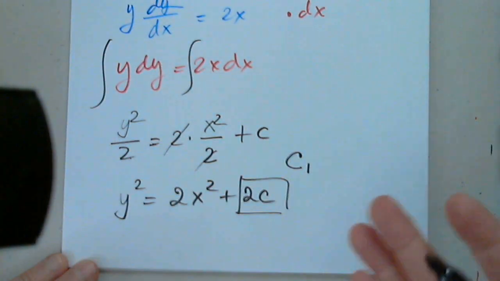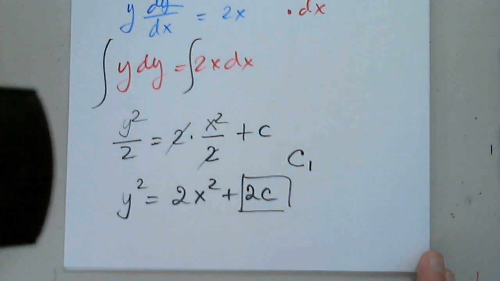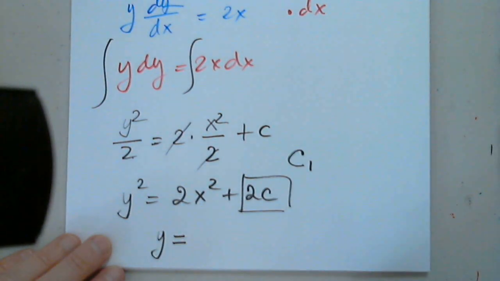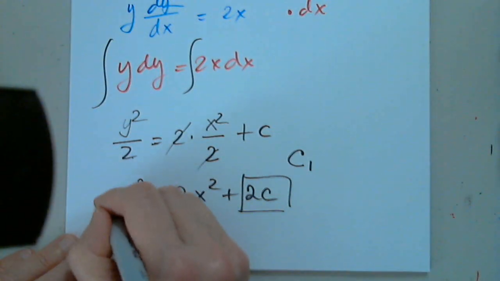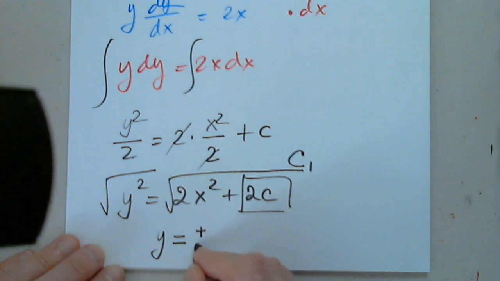Now this is all algebra. I need to solve for y. What should I do to both sides to solve for y? Square each side? You mean take the square root? Yeah, square root. Awesome. But this time I have to write plus or minus because it's a square root.